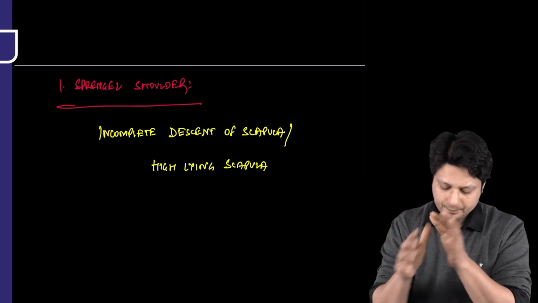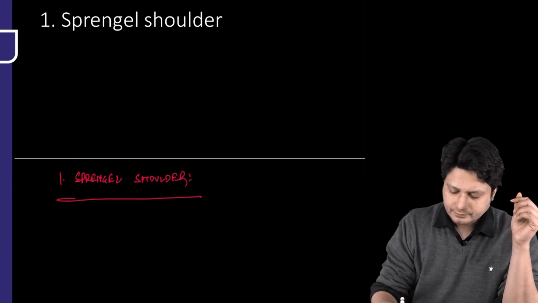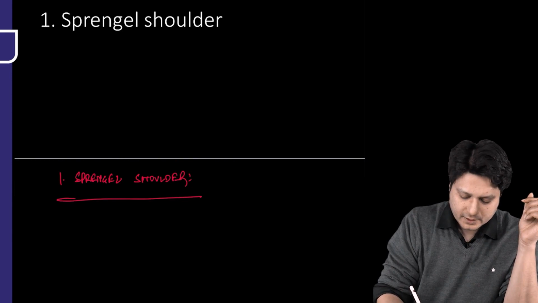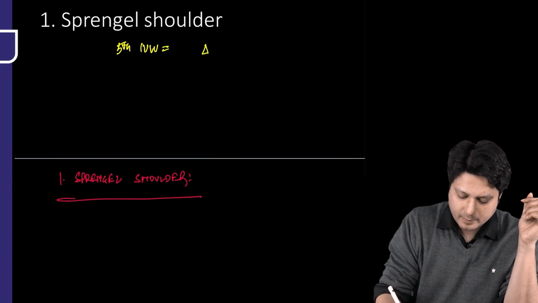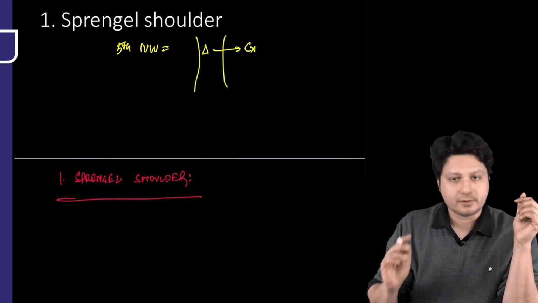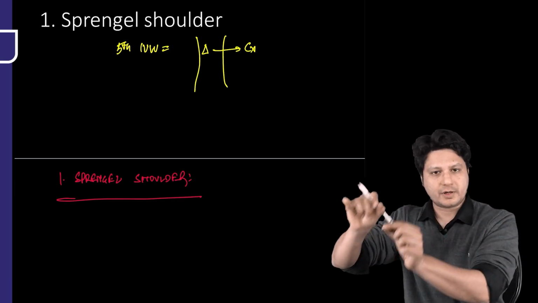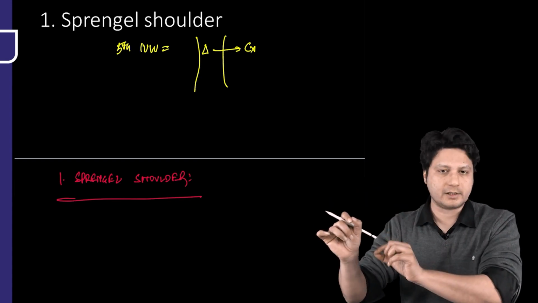Now what does it mean? What happens is that during the 5th intrauterine week of life, the scapular primary ossification center is developed in the cervical region. All right, the primary ossification center of the scapula originates in the cervical region.